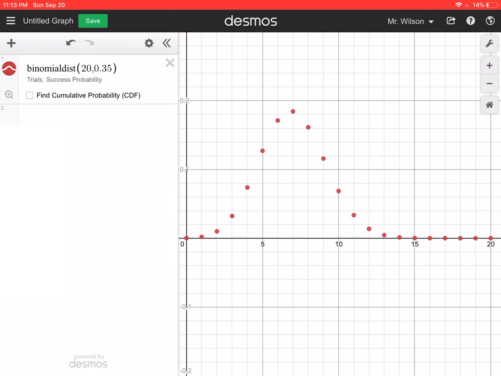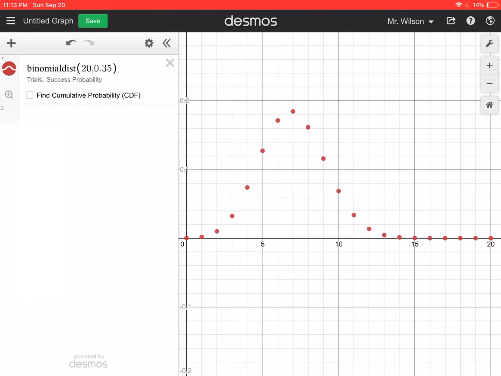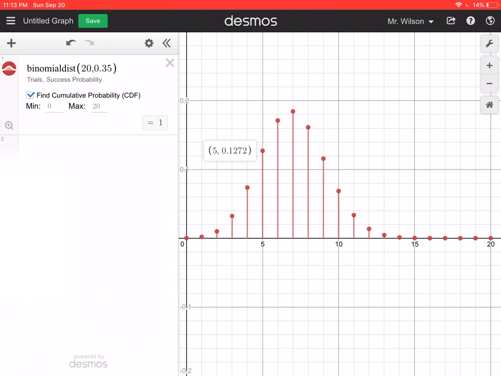So we can see here the probability of each of these events occurring individually. Okay, but we can also look at the cumulative probability. So this is more what the graph is going to look like. But notice in the previous example, we were asking what is the probability that we would have exactly 5?